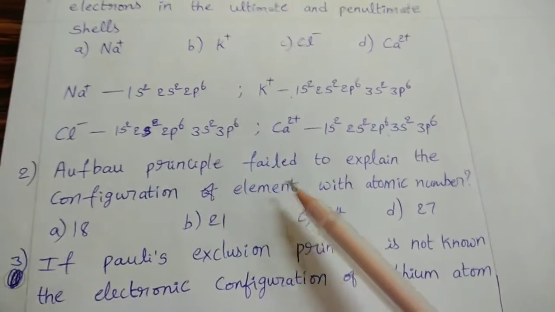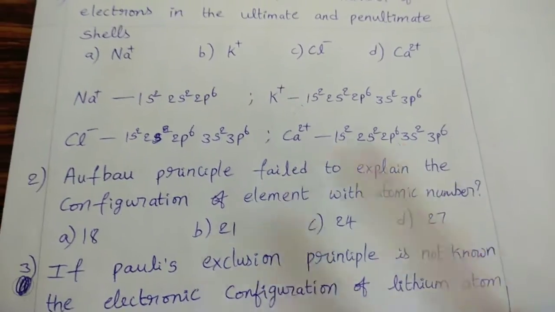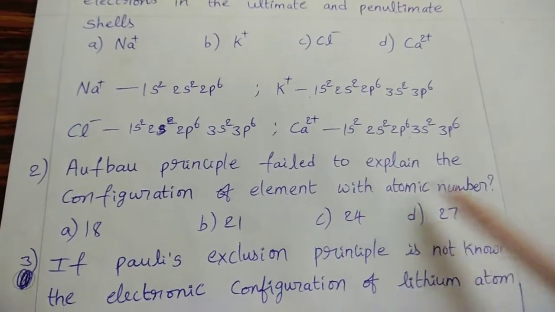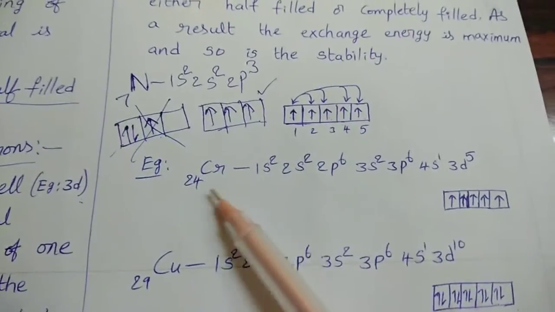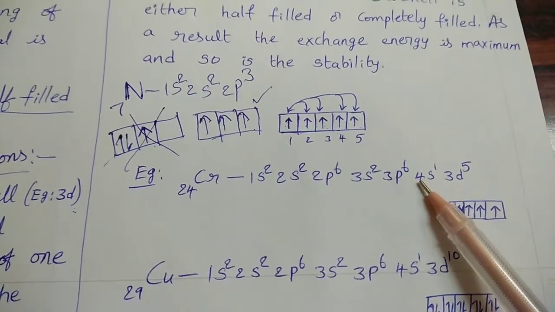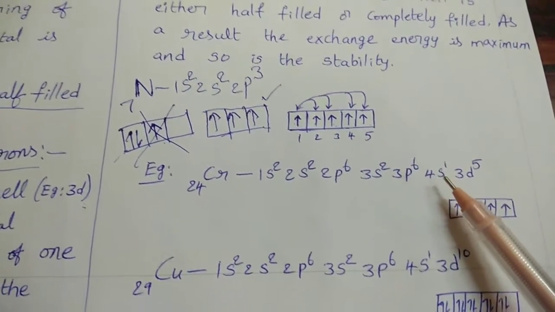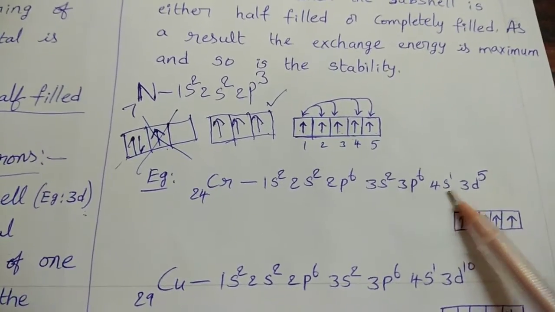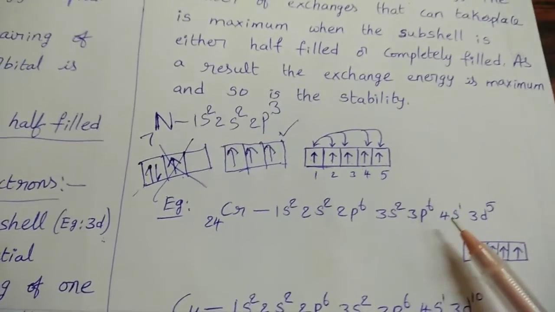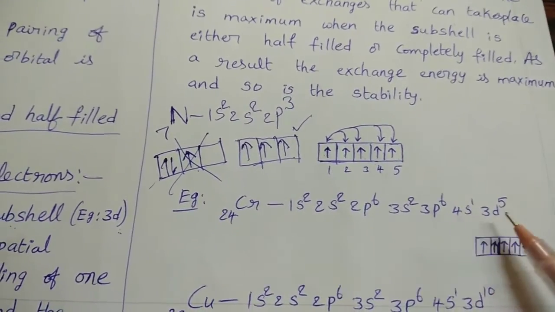Next, the Aufbau principle failed to explain the configuration of the element with atomic number 24, chromium. Say this, this is chromium's atomic number. Between 4s and 3d, the n plus l value is less for 4s. So according to Aufbau, it has lower energy, and 3d has higher energy. After filling of this orbital, the electron enters into this.